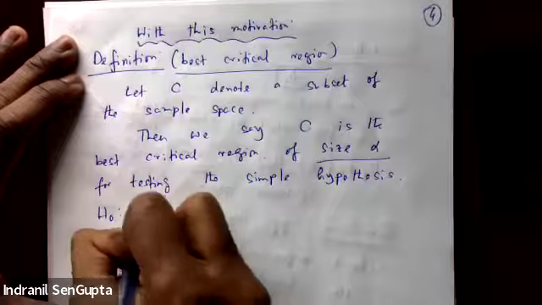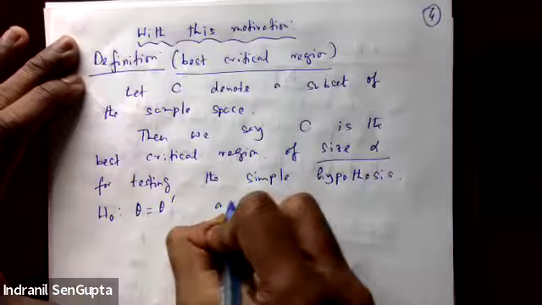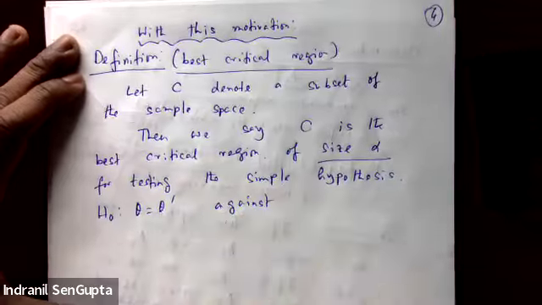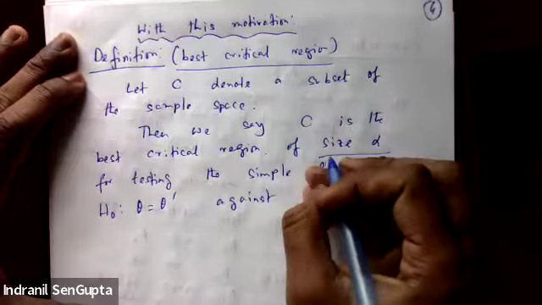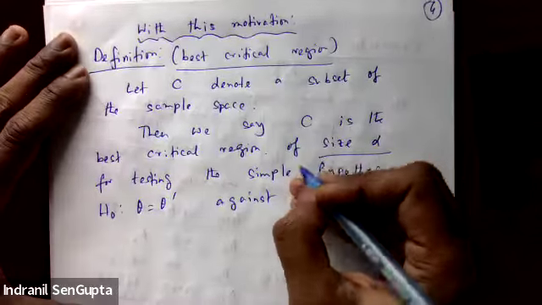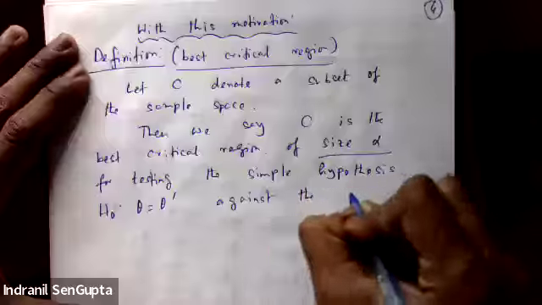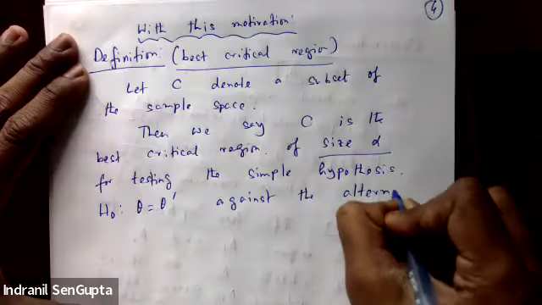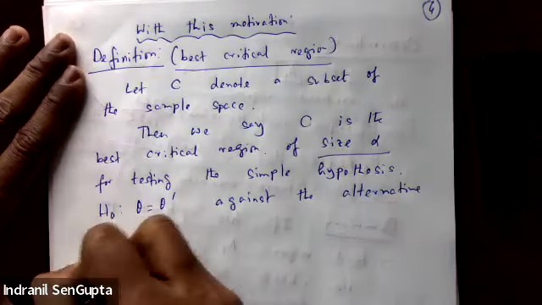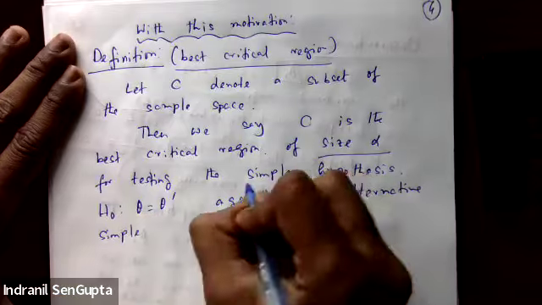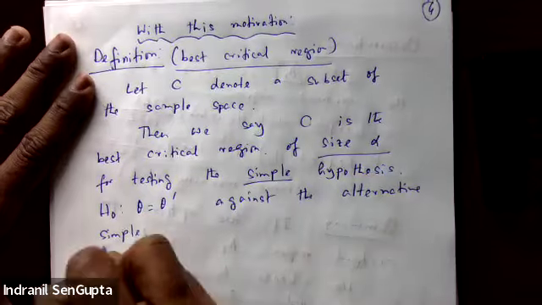H0 such that theta is theta prime, against another simple alternative hypothesis. Simple means it's of the form equal, right?